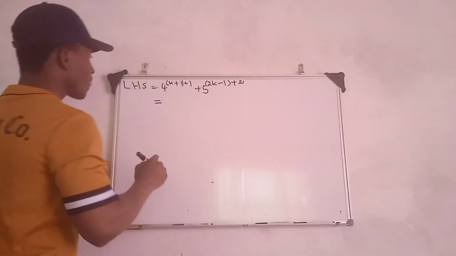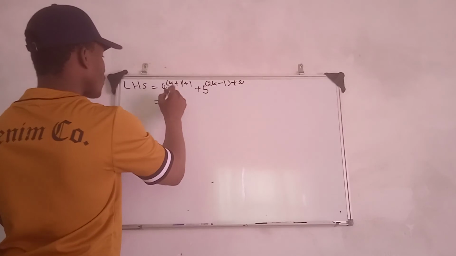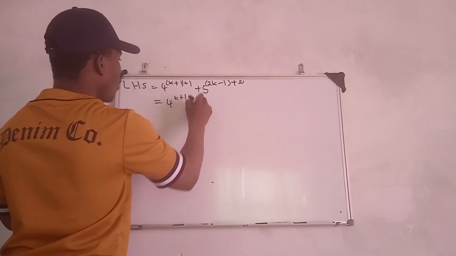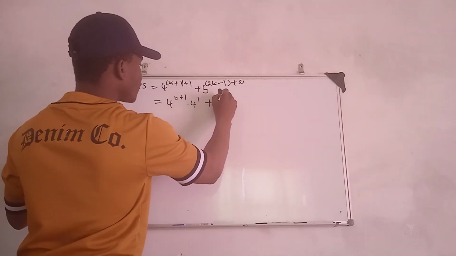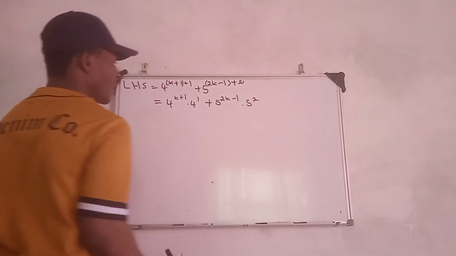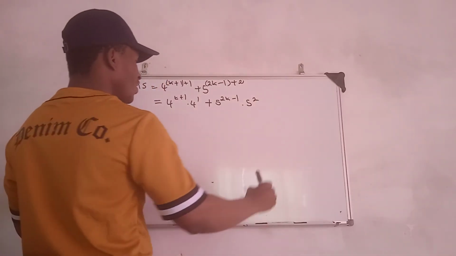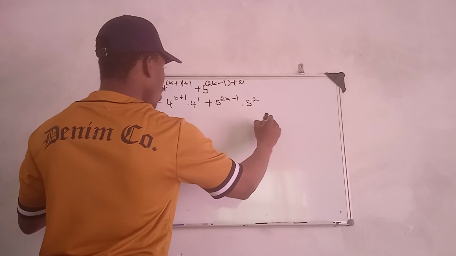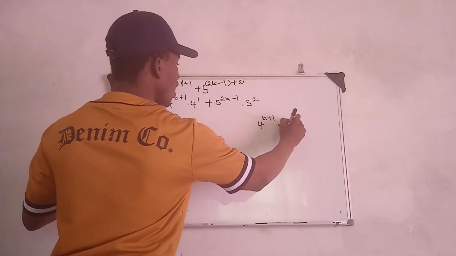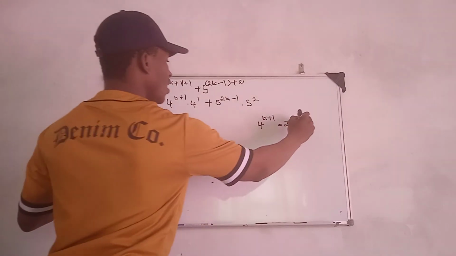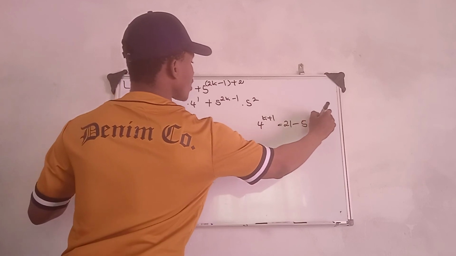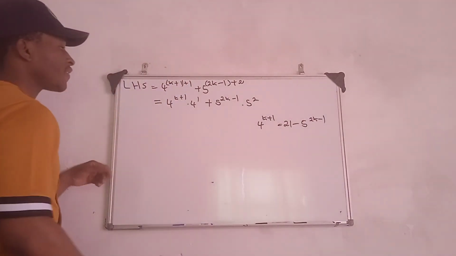So when you are here, you can write this as 4^(k+1) times 4 plus 5^(2k-1) times 5 squared. But what was my inductive hypothesis? My inductive hypothesis was 4^(k+1) equals 21 minus 5^(2k-1).